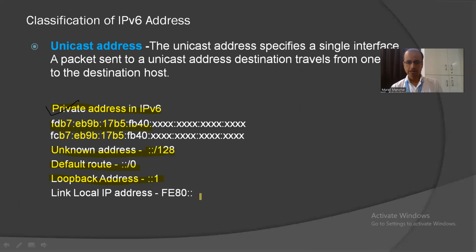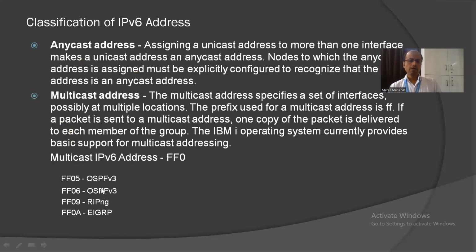Now I'm going to the next slide. Anycast address. First of all, what is anycast address? Anycast address is used to identify some node or many nodes with a single IP address. A single IP address is assigned to multiple nodes.